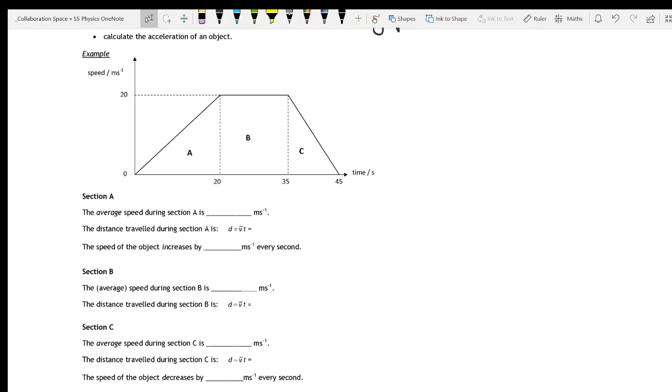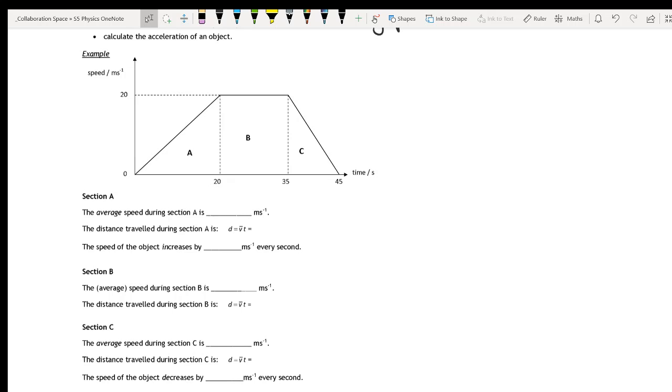So section A, so we're looking at this part here. The average speed during section A is a certain number of meters per second. So it goes from 0 to 20. Okay, so we've got two known values. We've got 0 and 20. How do we find the average of two known values? Add them up and divide them by the number that there is, so 2.